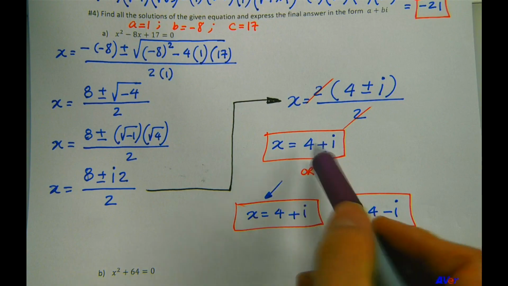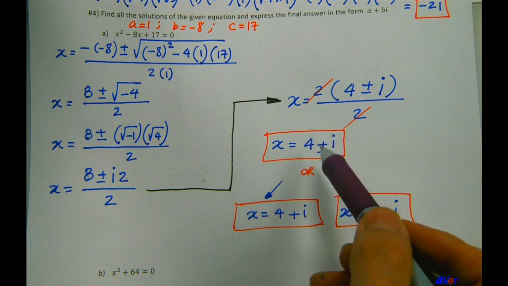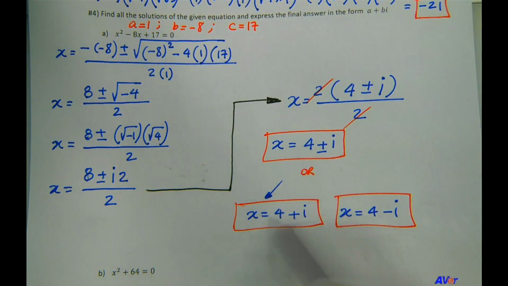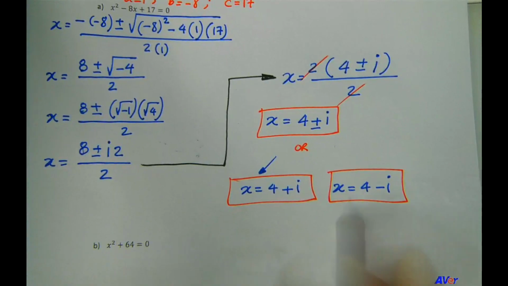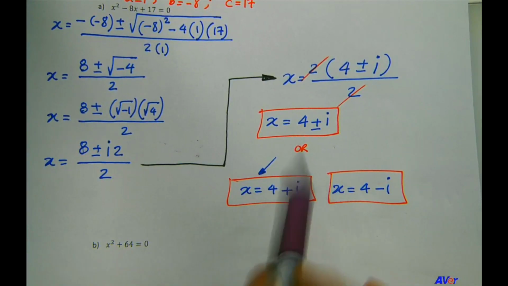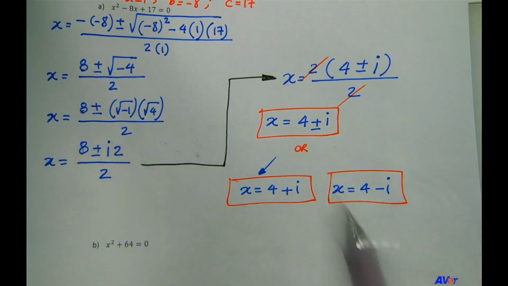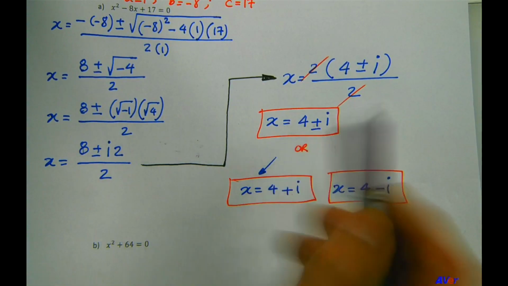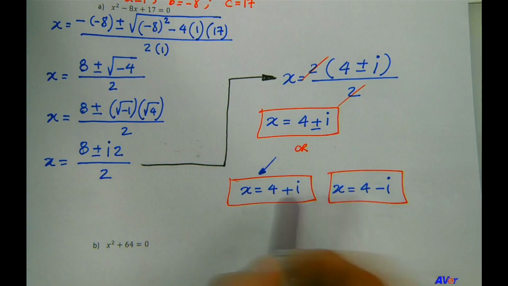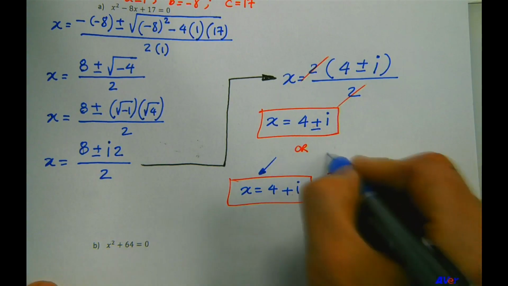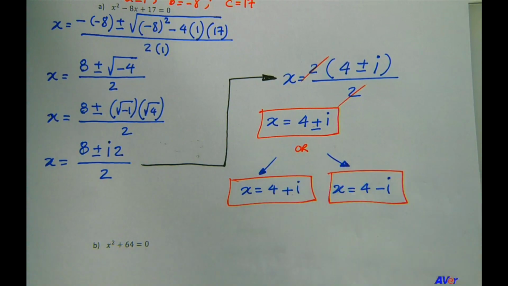So if they accept it like that, you can enter it like that. If not, you can separate the two answers and enter them separately. Okay. Usually in computer-based exams or homework management systems, they would want you to do it this way. So on a piece of paper, I'd be okay with that. But on the computer, you would probably have to do that. Okay, separating the answers.